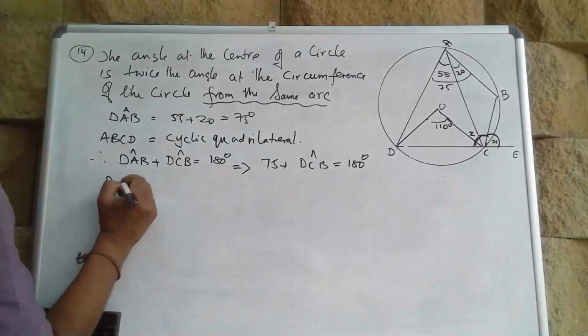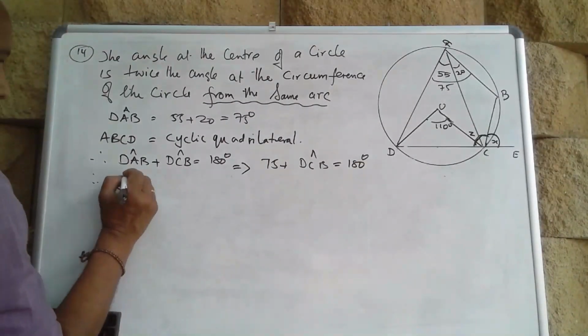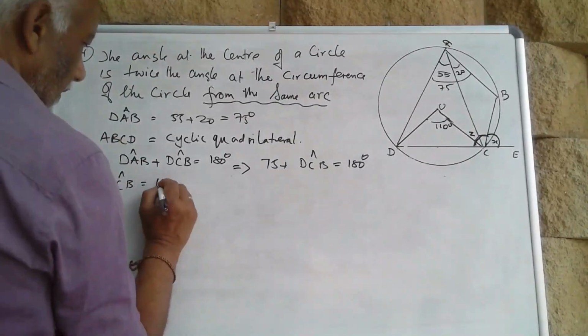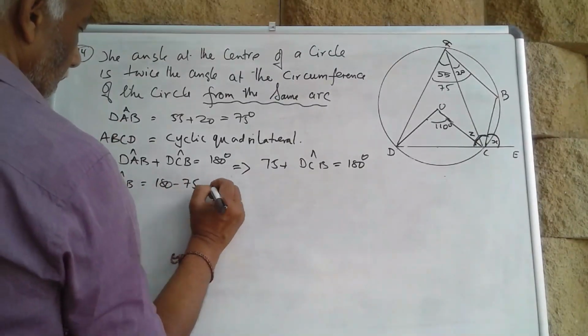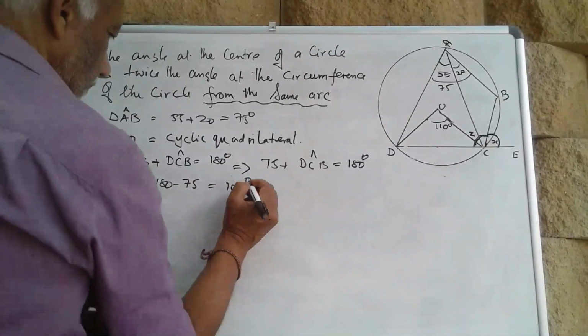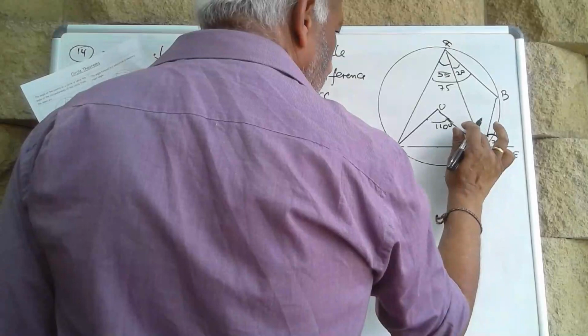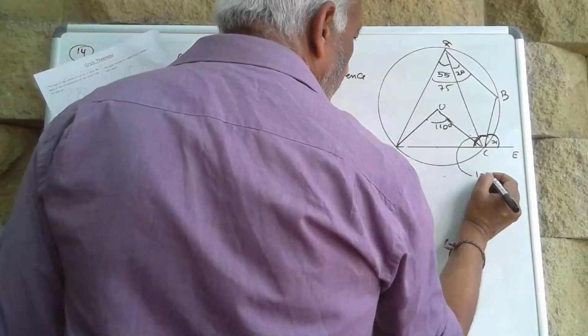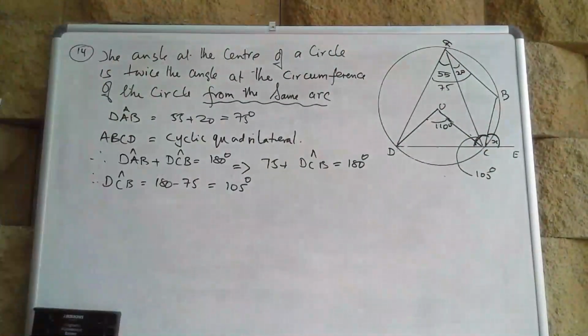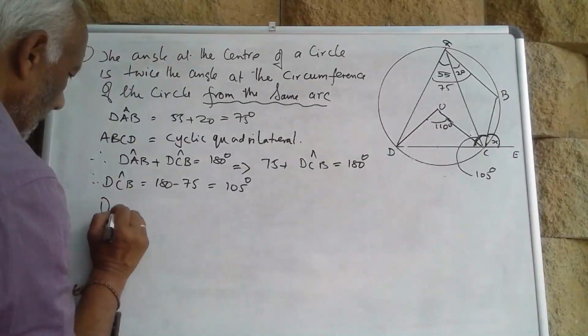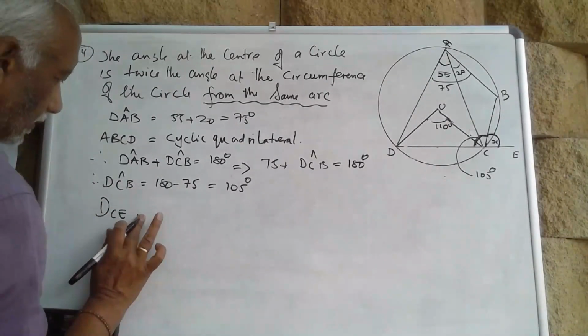Therefore, DCB equals 180 take away 75, which is going to be 105 degrees. So I'm going to mark this one as 105 degrees. Then you can see DCE is a straight line. I'm going to put a straight line.